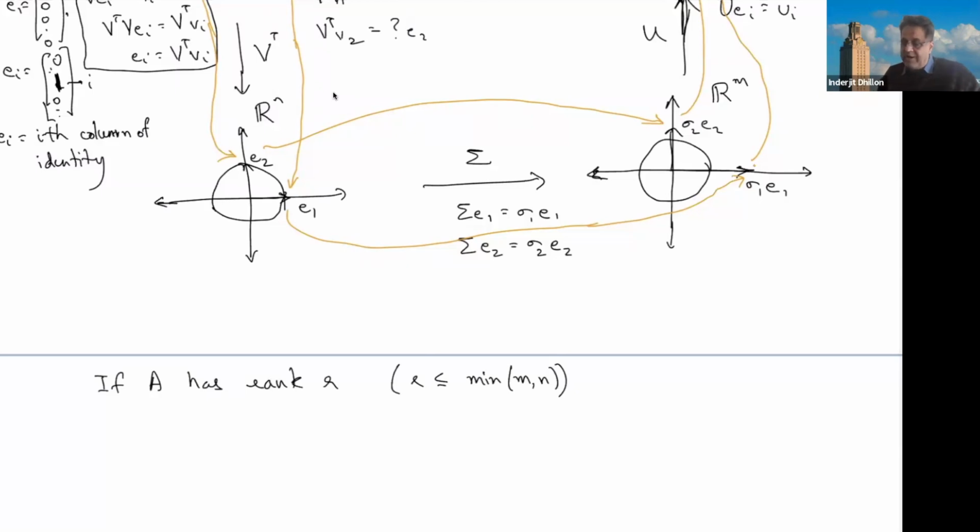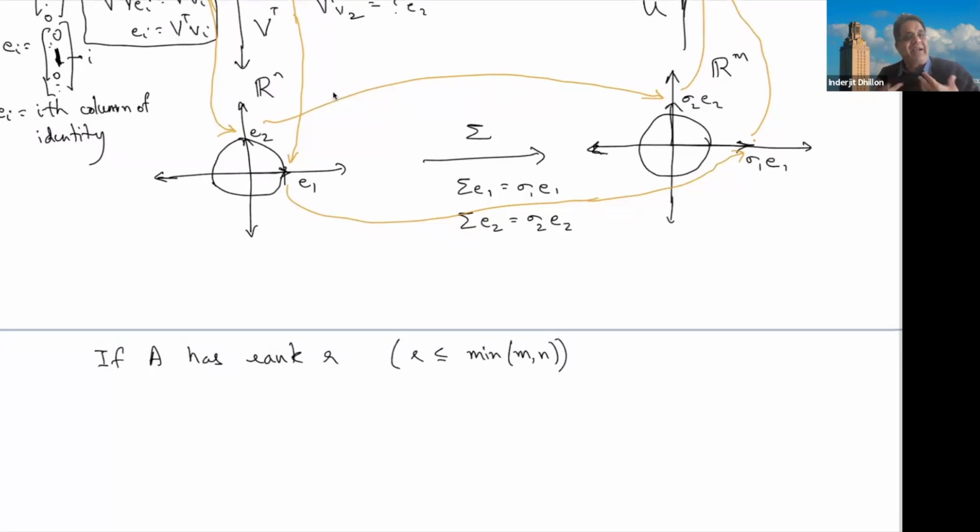So r is the rank of the matrix, and that's exactly equal to the number of non-zero singular values. That's almost numerically the best way to determine the rank of a matrix, to actually do an SVD. Okay, so let me write it out. This means that sigma 1 is greater than or equal to sigma 2 is greater than or equal to sigma r, and this is greater than 0. And what that means is that sigma r plus 1 equals sigma r plus 2 through sigma n equals 0.